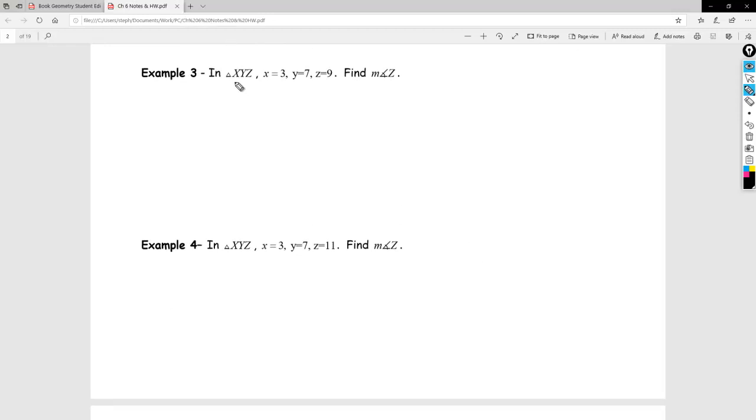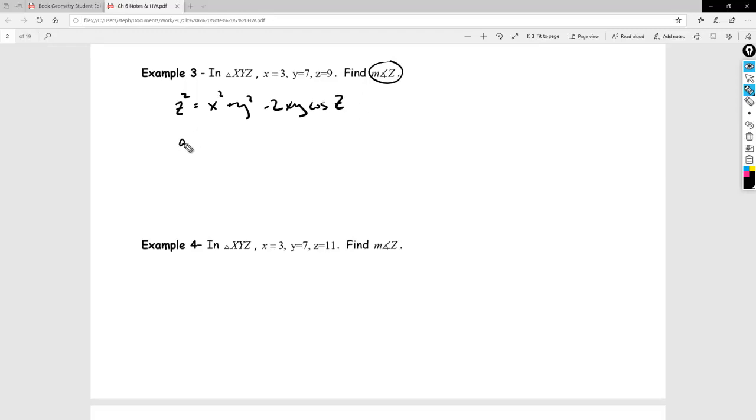They give us triangle XYZ. Okay, I have x being 3, y being 7, z being 9. They want me to find the measure of angle z. So since I'm solving for angle z, I probably need to use side length z on the left side of the equation. Because this is what I want in the equation. If you use any other side length, you will not end up with this angle.